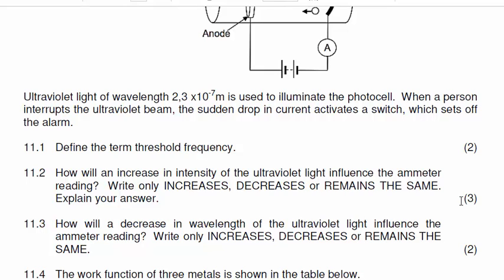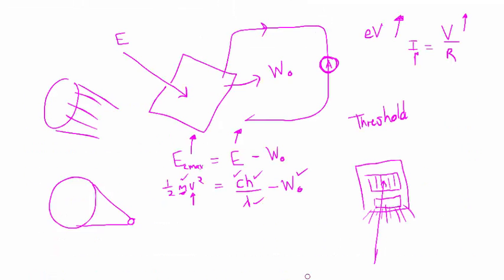How will a decrease in the wavelength of the ultraviolet influence the ammeter? So if I have a wavelength, what happens when I decrease the wavelength? Am I increasing or decreasing the energy? Let's look at our formula.